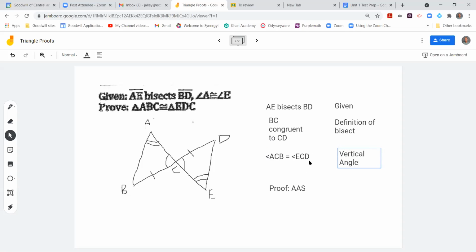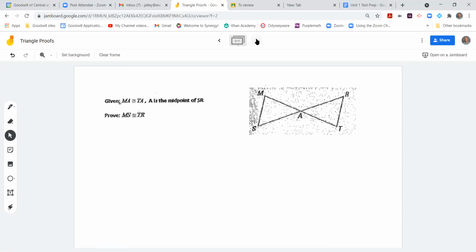And then the last piece would be angle A, the last part of the givens. Angle A is congruent to angle E. The reasoning is the same because it's given to us. It's what they tell us. So sometimes these proofs will unfold naturally, and if you remember these definitions, you'll be able to figure them out pretty straightforwardly.